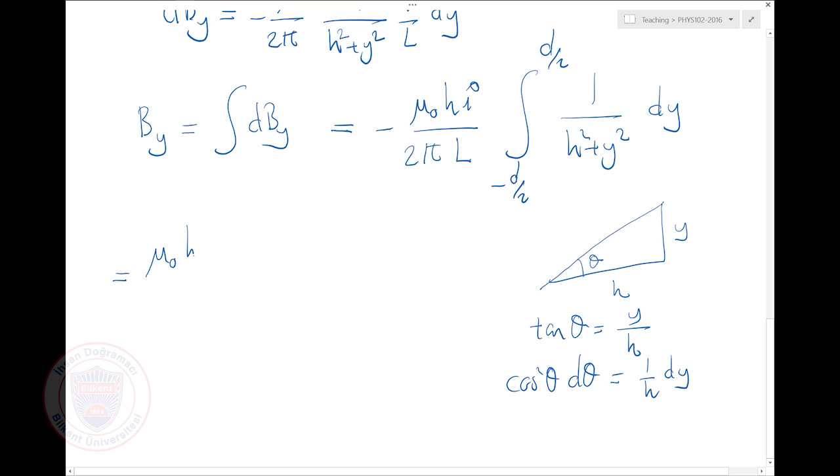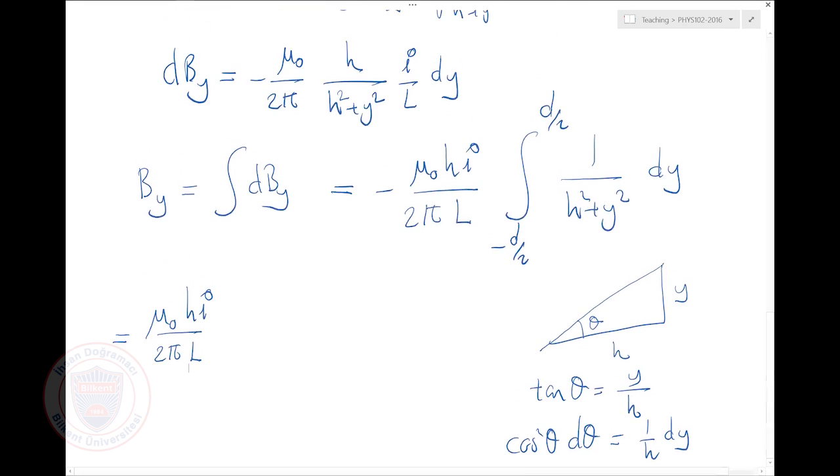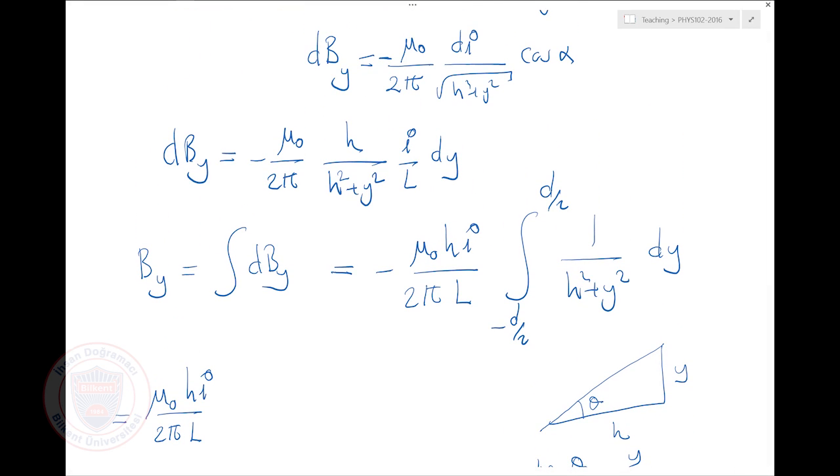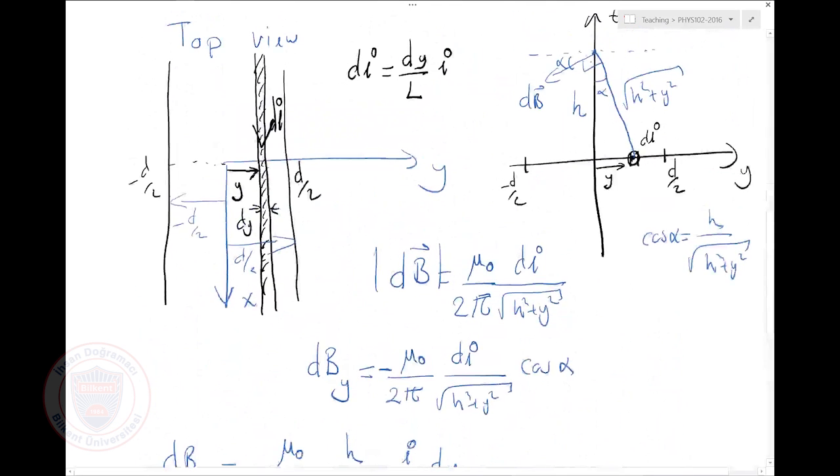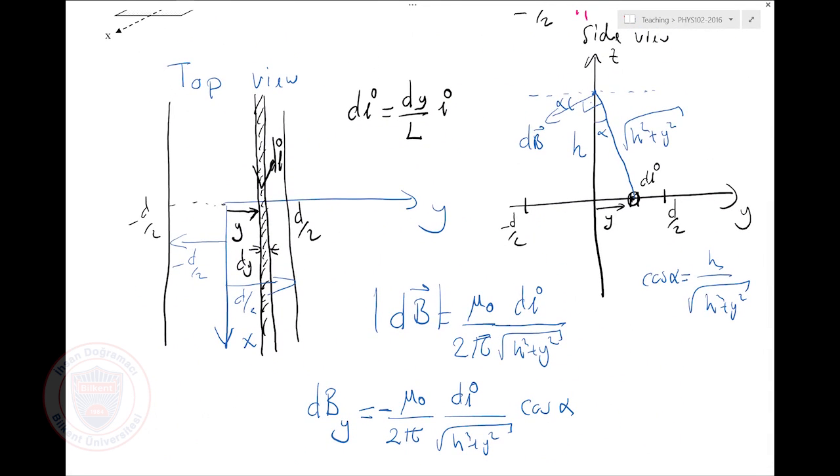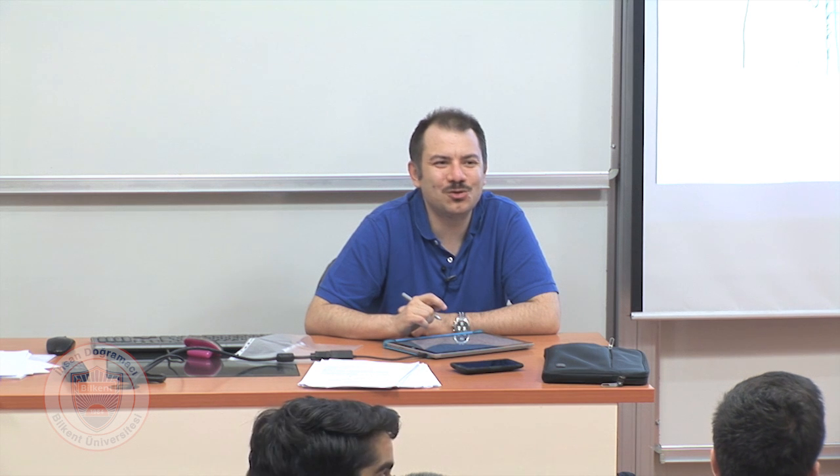Mu 0 h over 2 pi, alpha. Can you tell me what this L is? I seem to have invented something that wasn't there. L should be D, right?